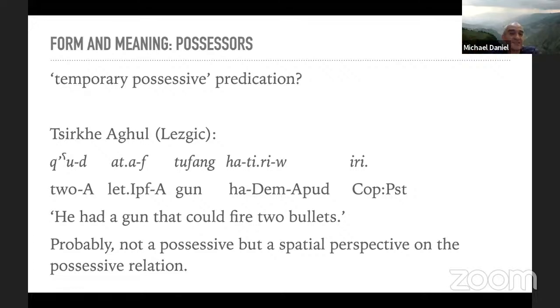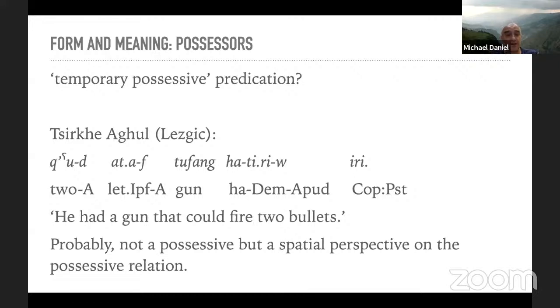It's not necessary that we insist that it's not his gun. Most probably, it belongs to the guy. Simply, it's not the point. So I argue that this is not really a temporary possessive predication, but a spatial perspective on the possessive relation. I have something on me, with me, and I'm not saying whether it's mine or someone else's.